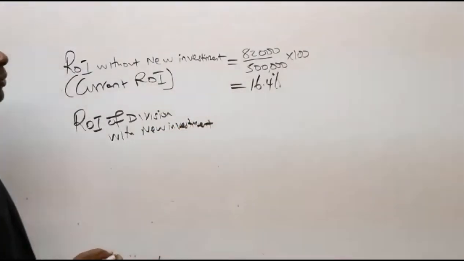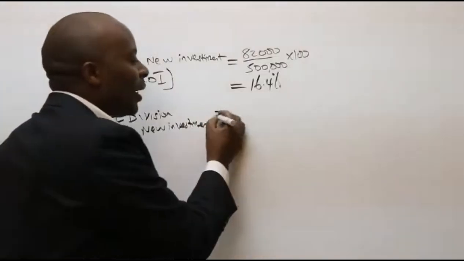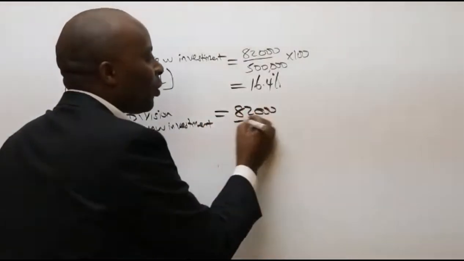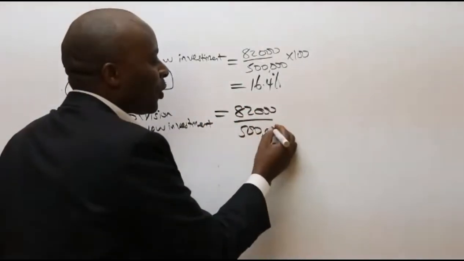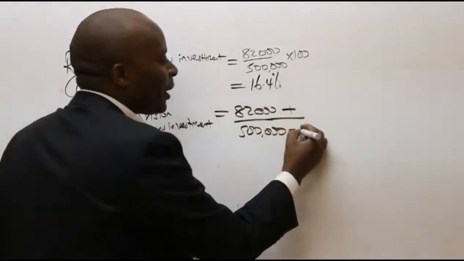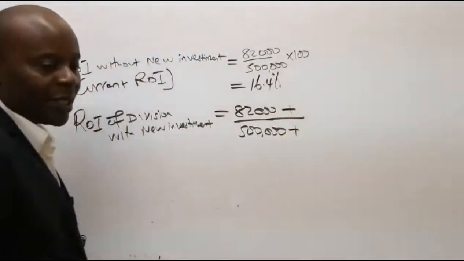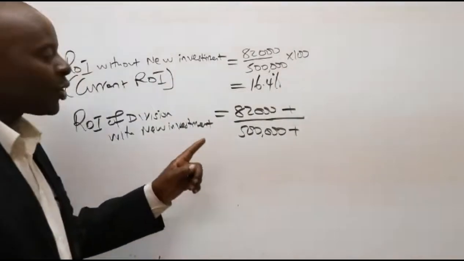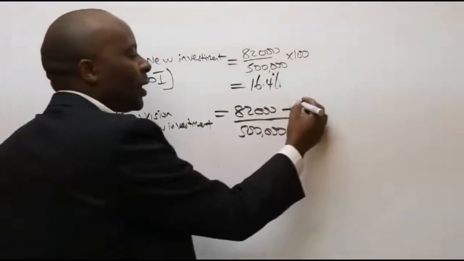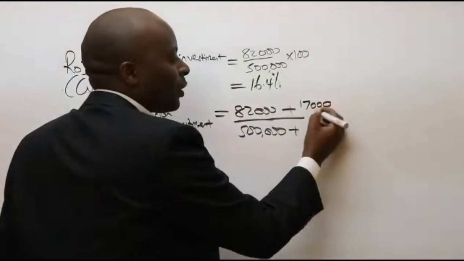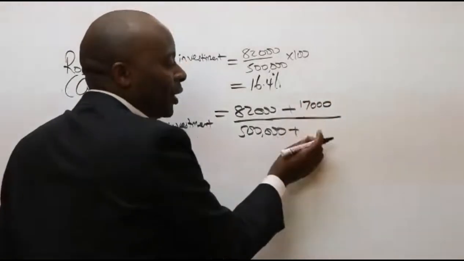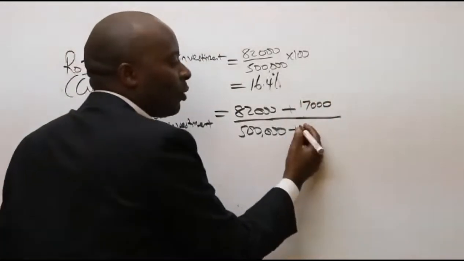So with the new investment, what am I going to do? I'm going to retain my numerator here, 82,000 over 500,000. But remember, this time there is something additional coming. There is an additional profit the new investment is giving us, a profit of 17,000. But remember, we have to inject more capital. An additional capital of what here, somebody?